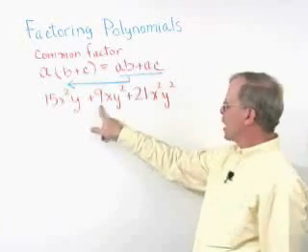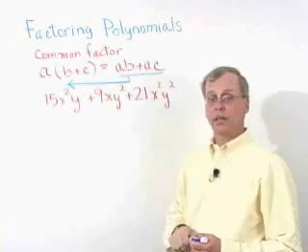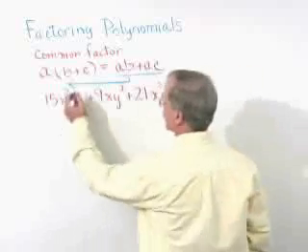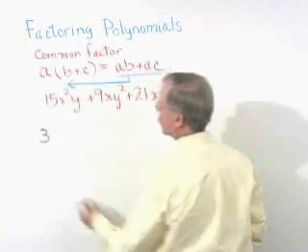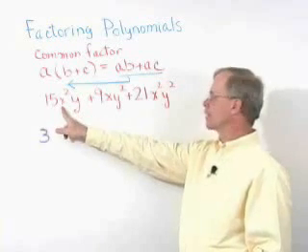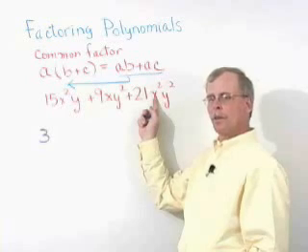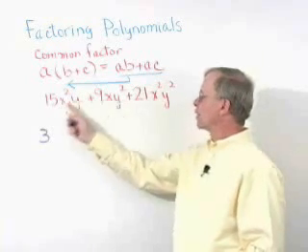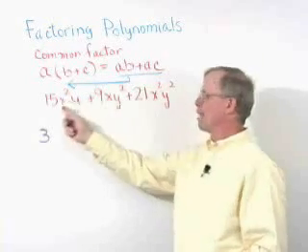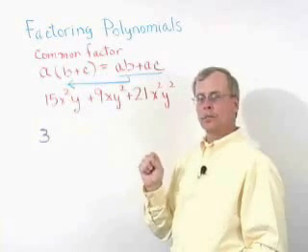15 and 9 and 21 are all multiples of 3. So we could factor out at least a 3. Now let's look at the x squareds. I have x squared and just x, and then another x squared. Whenever you're pulling out or factoring out powers, always factor out the least power that you find.